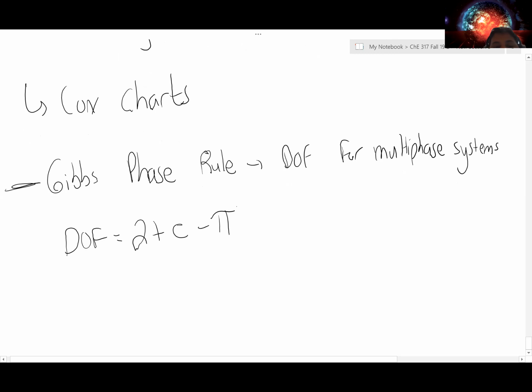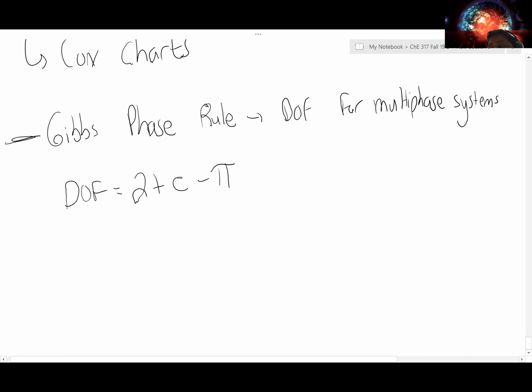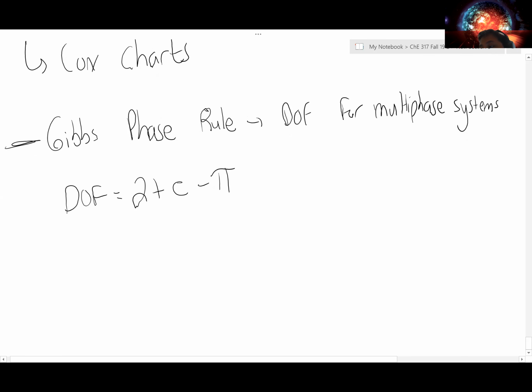When you're looking at multi-phase systems, Gibbs phase rule becomes really important to understand how many process variables need to be specified in order to have a fully specified multi-phase system.